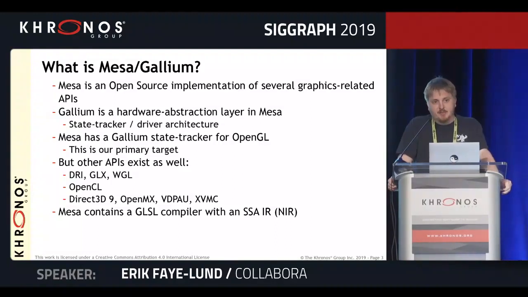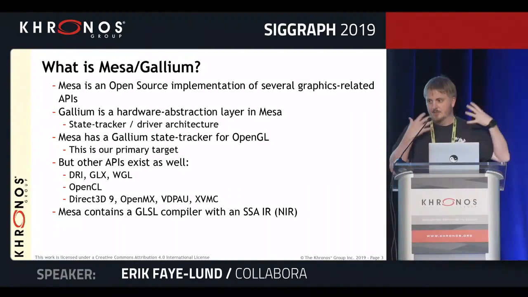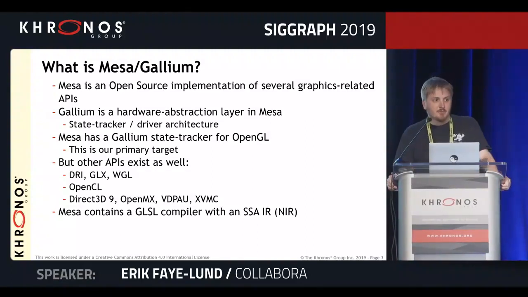It has a state tracker and driver architecture, which means that the state trackers are implementations of the API states, and then that pushes down to the drivers. So the drivers are relatively simple. Mesa has a Gallium state tracker for OpenGL, and that's what we're targeting here. It also has state trackers for other APIs.